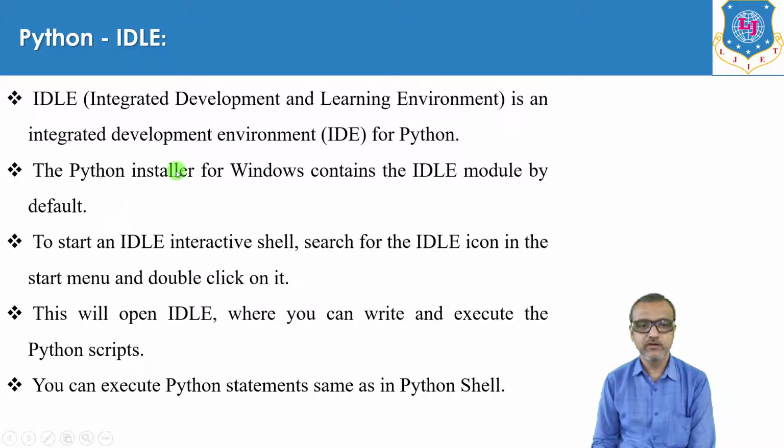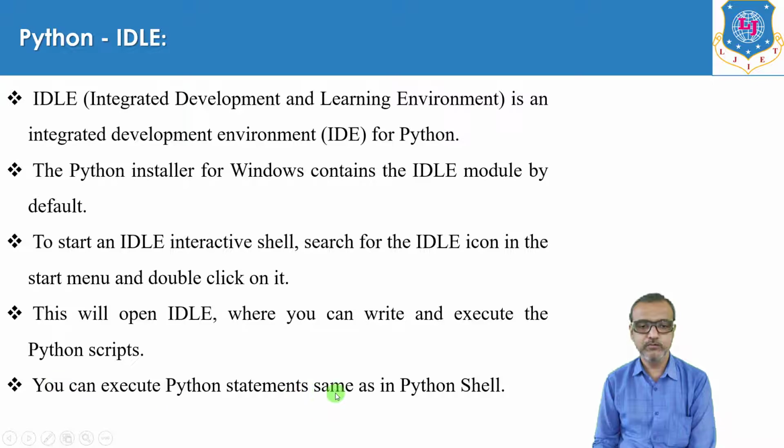To start an IDLE interactive shell, search for the IDLE icon in the start menu and double click on it. This will open IDLE where you can write and execute the Python scripts.